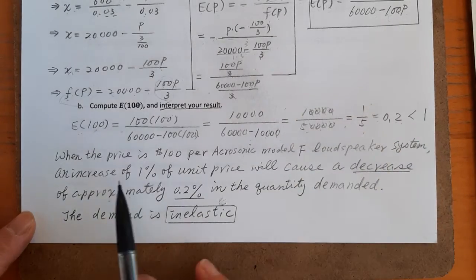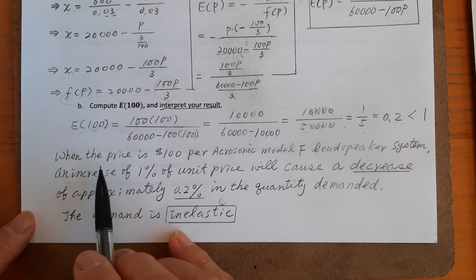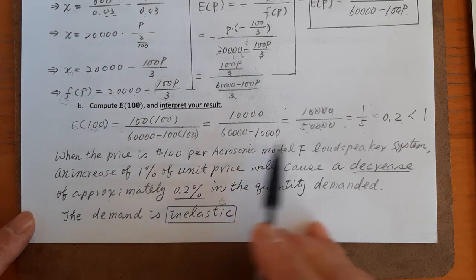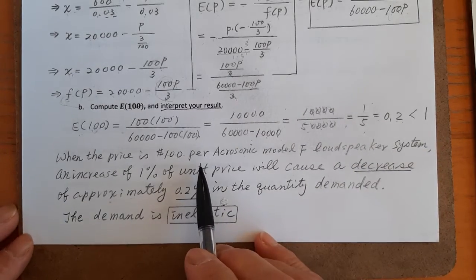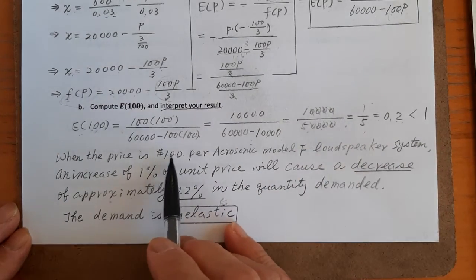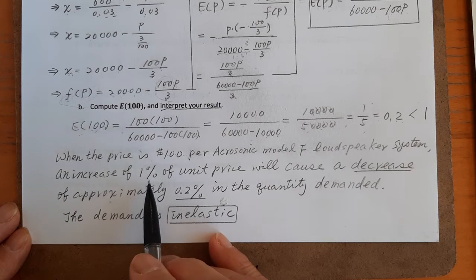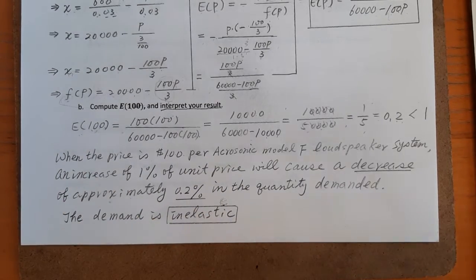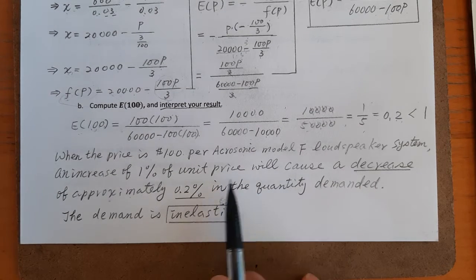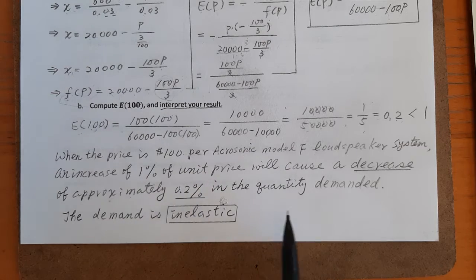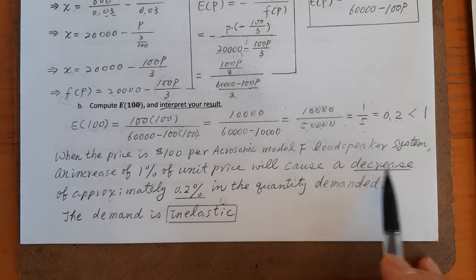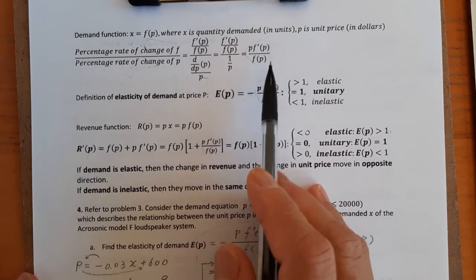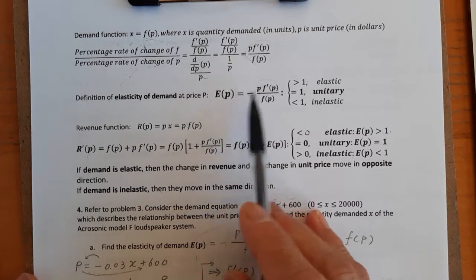What does E of 100 mean? It means when the price is $100 per speaker, an increase of 1% in unit price, which is an increase of $1, the price becomes $101, will cause a decrease, because this number is a negative number and you put a negative sign, so E of p becomes a positive number.